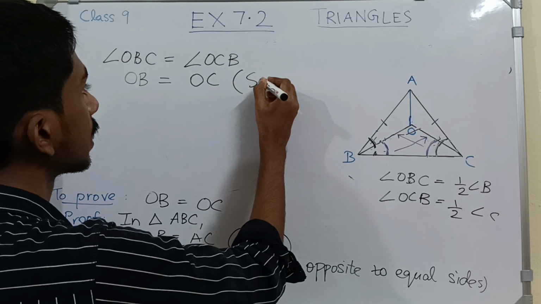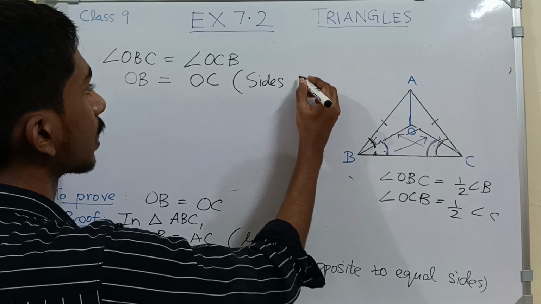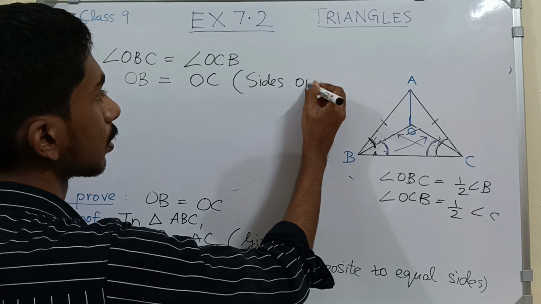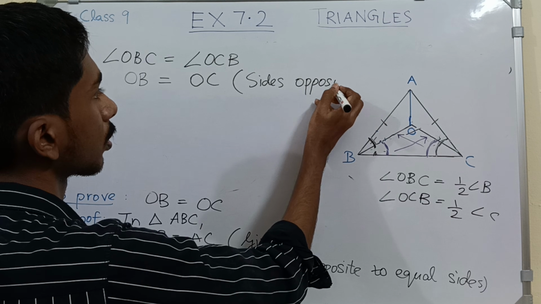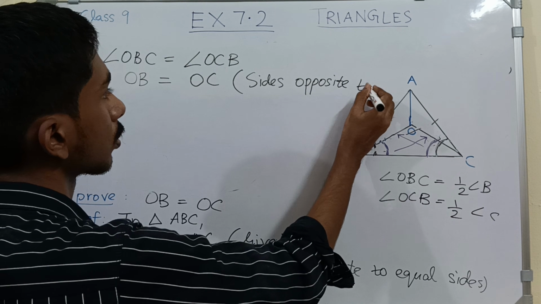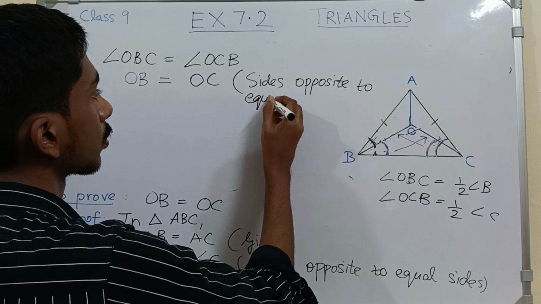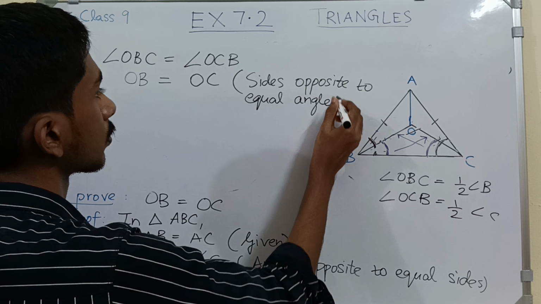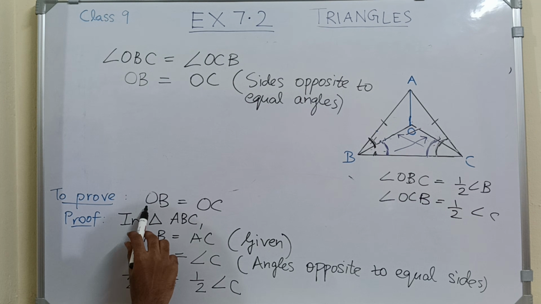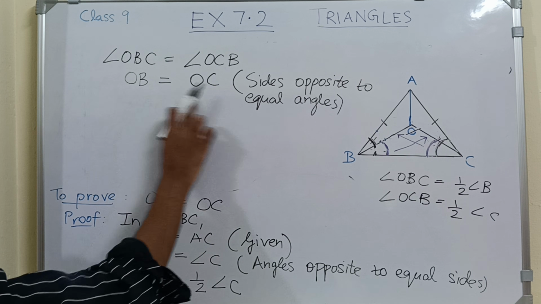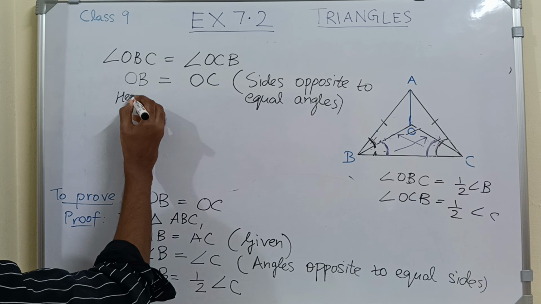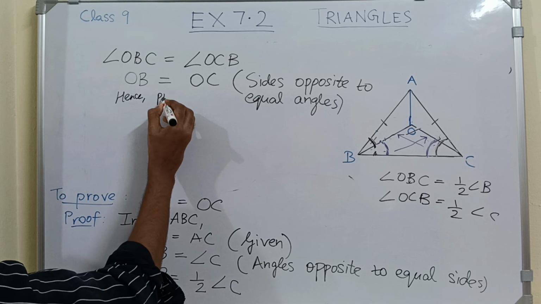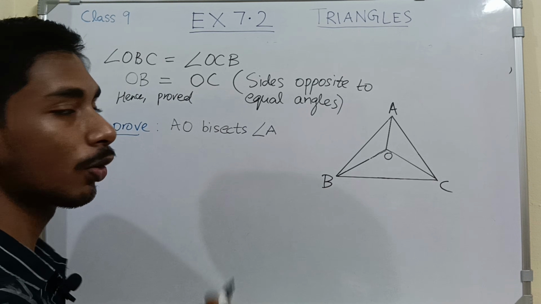Reason is sides opposite to equal angles. So that's what we had to prove in the question. OB is equal to OC. We have proved it here. So hence proved.